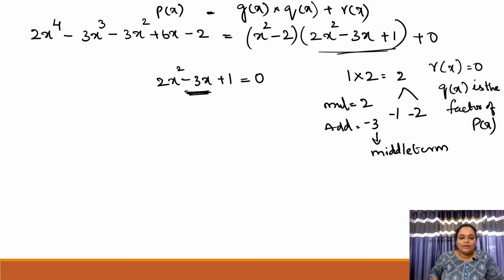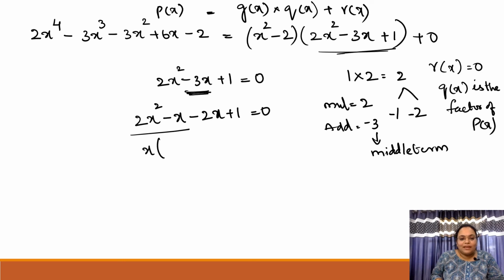Now let me split the middle term. So 2x square minus x minus 2x plus 1 is equal to 0. From the first two terms, if I take x common, that is 2x minus 1.